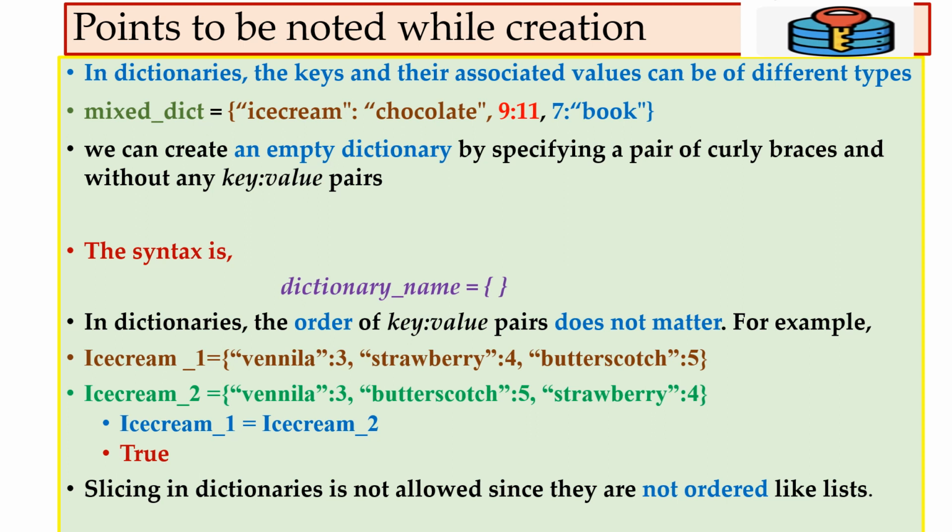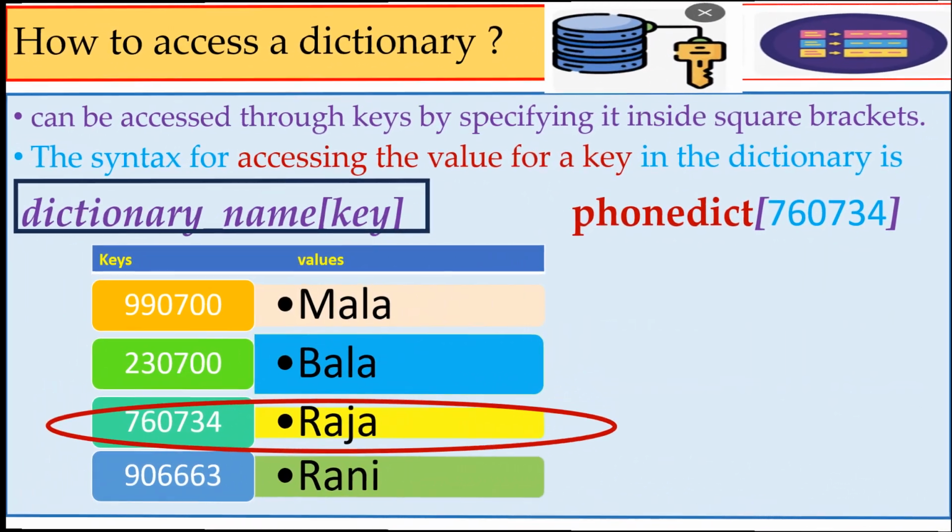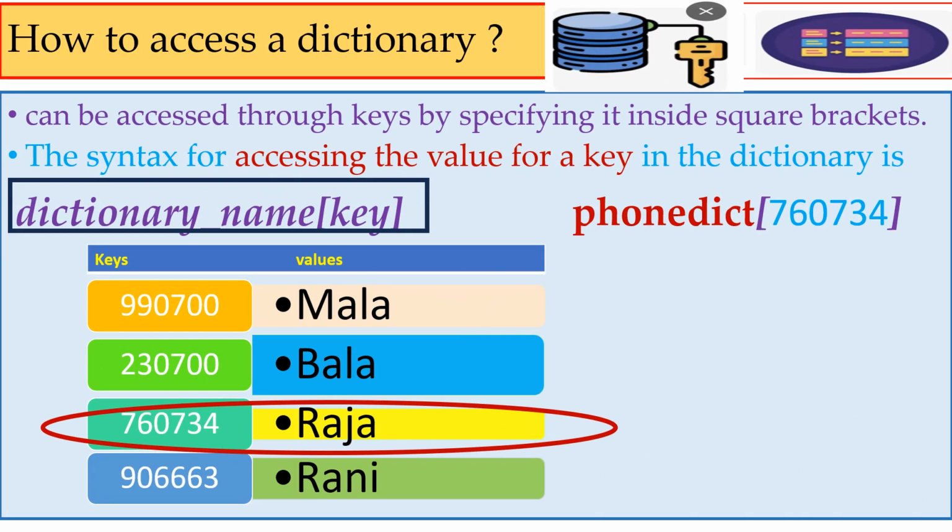So the order has been changed, but when you compare ice cream 1 and 2, they will be one and the same, right? So it is not necessary for the order to be maintained as far as the key value pairs in the dictionary are concerned. And one more thing, slicing in a dictionary is not allowed since they are not ordered like a list.